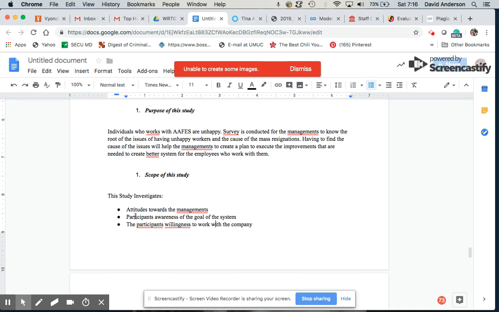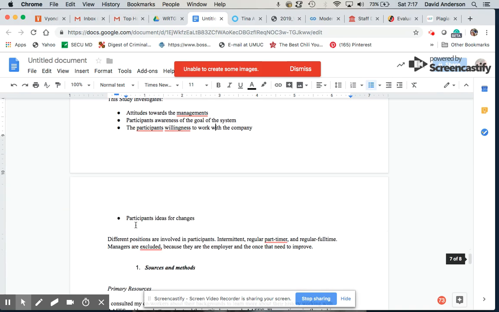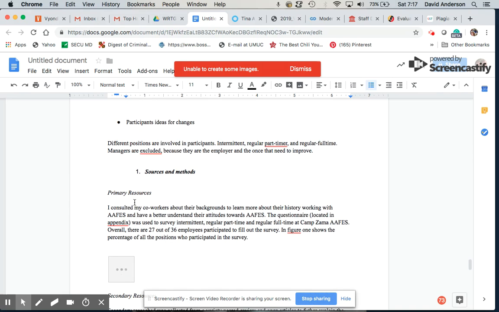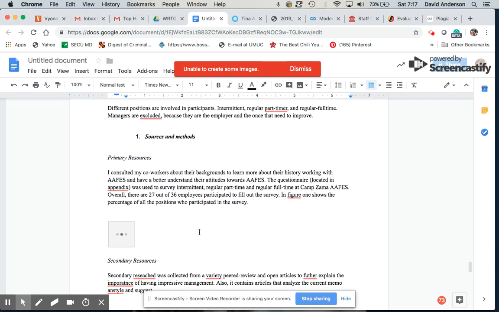The primary research includes this, where you did your studies. So the sources and methods, the primary consulted with co-workers and their backgrounds. You want to remove these first person, you want to take out the I. So instead, interviews were conducted with co-workers to establish the background and learn more about the working history of AAFES. Again, you just want to make sure that you keep it as third person as possible.